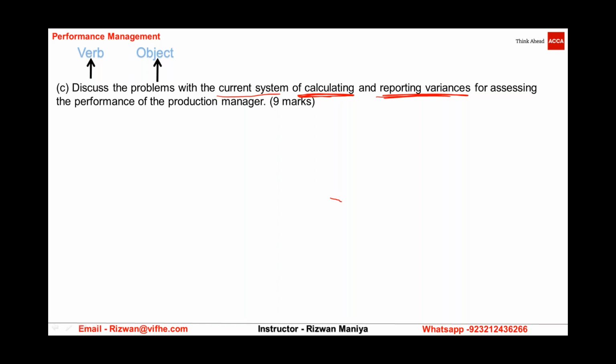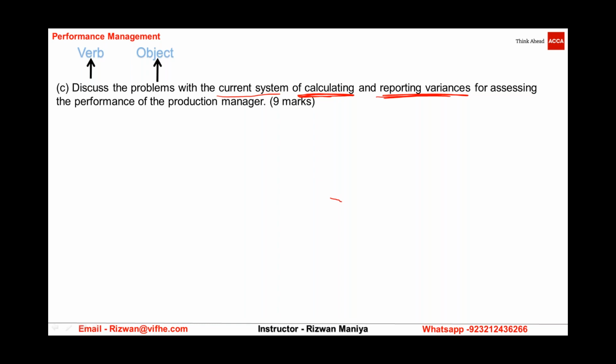So is this knowledge based or application based? What do you say? Knowledge or application? Come on, reply everyone, be very fast. Just write it app. This looks cool, app.